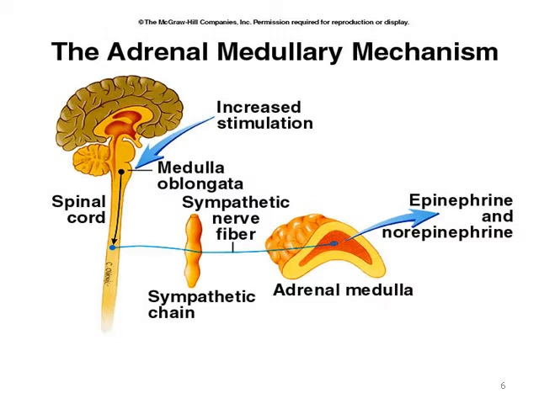And in this slide, slide 6, we see epinephrine and norepinephrine being released from the adrenal medulla. Now it's important to remember that catecholamines come from the adrenal medulla, whereas the adrenal cortex, which is the other portion of the adrenal gland, will release hormones that act to regulate salt, mineral, and water levels in the body.